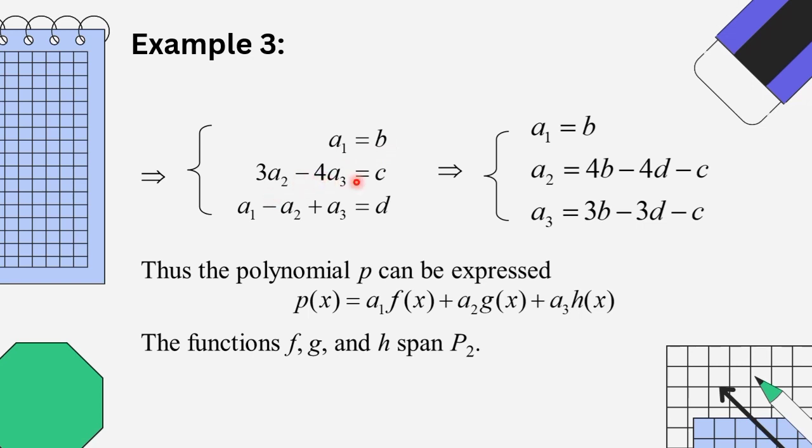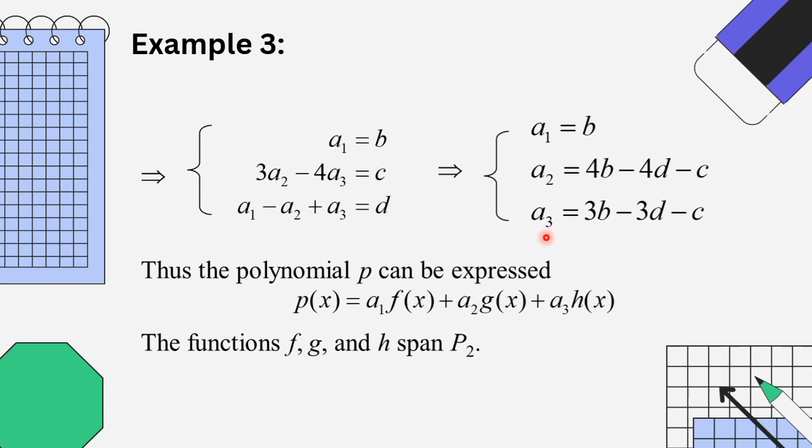Now here in our presentation, we already have the solution for a sub 1, a sub 2, and a sub 3. As you can see, a sub 1 is equal to b, a sub 2 is equal to 4b minus 4d minus c, and a sub 3, which is equal to 3b minus 3d minus c.